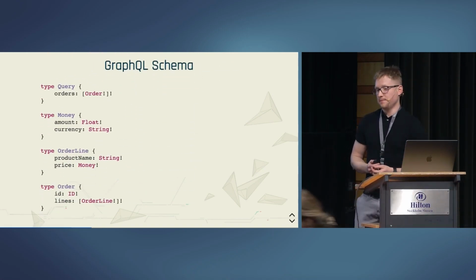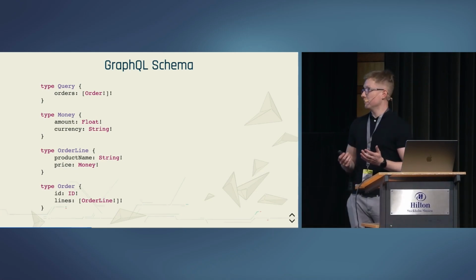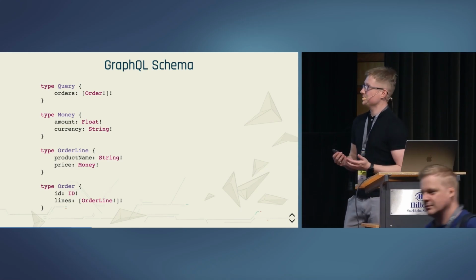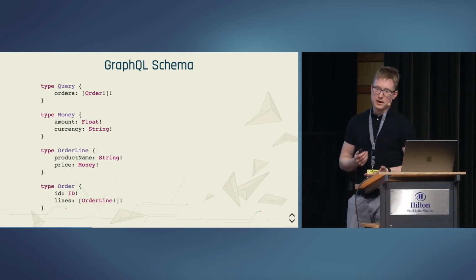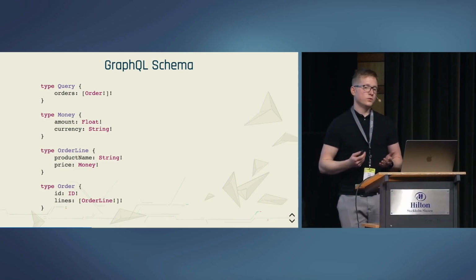So how does it look? In GraphQL, you define something called a GraphQL schema, which could be described as essentially a type system for your API. So you statically define what kind of data you will be serving.